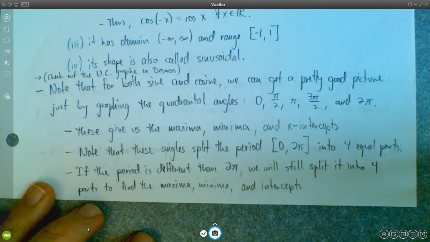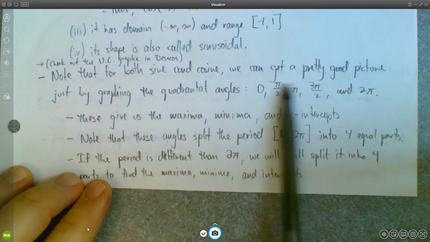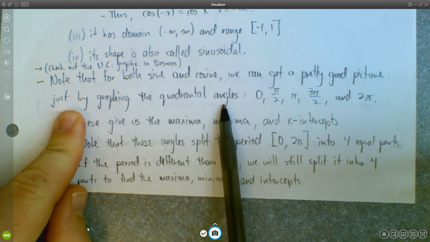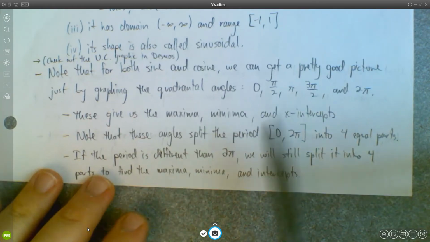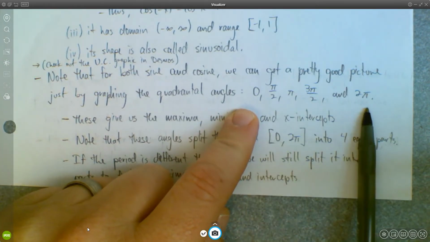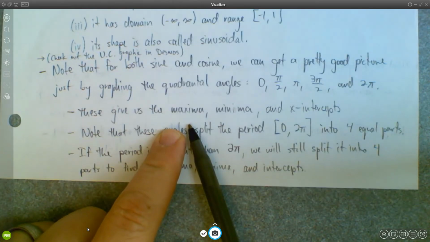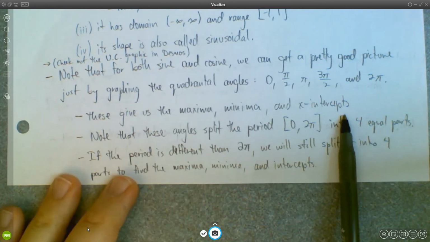What I want to point out, as we saw when we graphed the cosine function together, is that we can get a pretty good picture of the sine and cosine functions just by graphing the quadrantal angles 0, pi over 2, pi, 3 pi over 2, and 2 pi. Just by plotting those 5 points, that gives us the maximum values, the minimum values, as well as the x-intercepts of the graph.